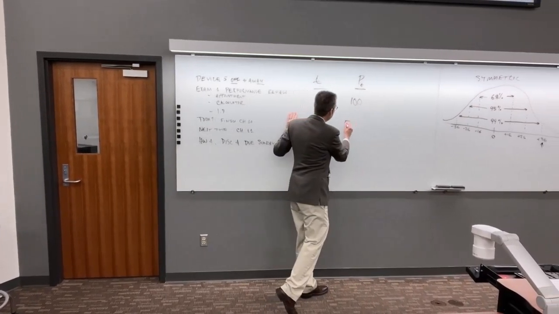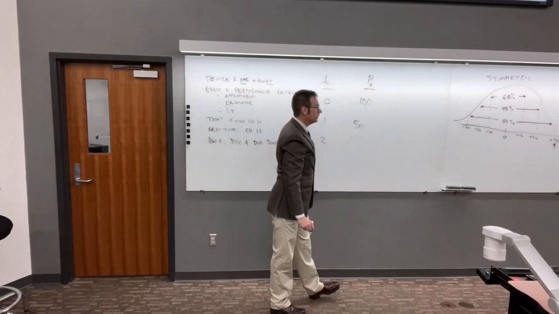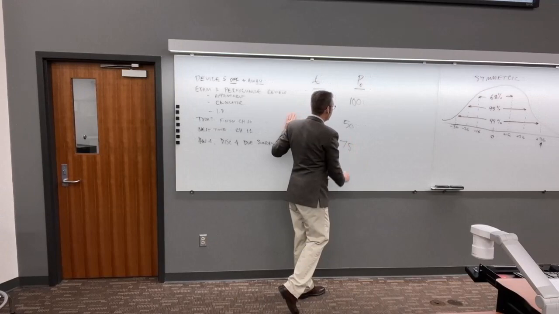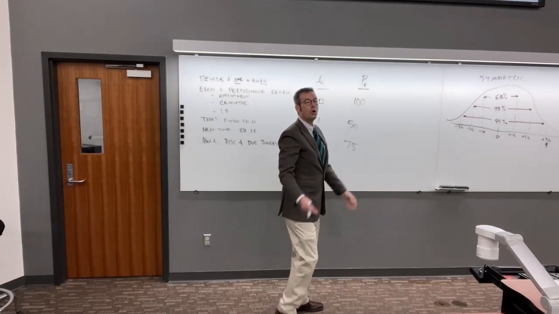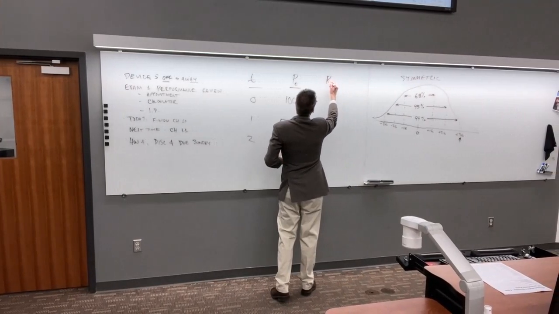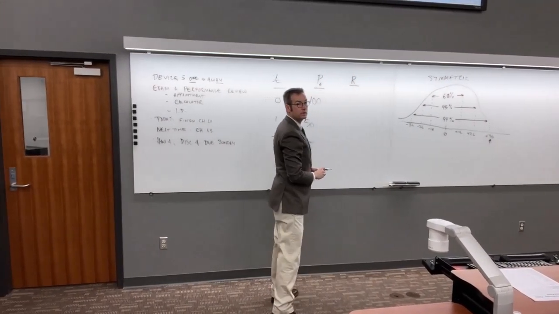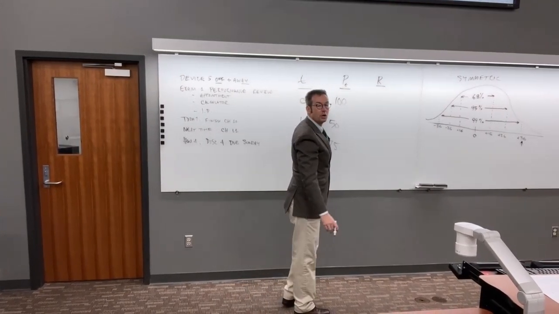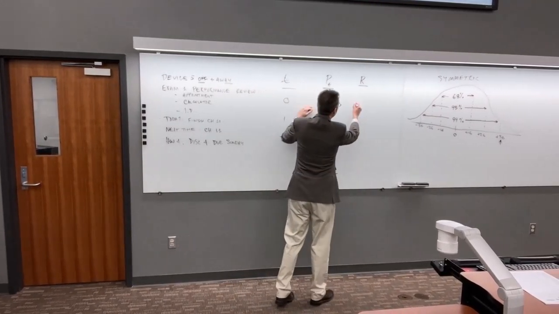It's 50 at time 1. And it's 75 at time 2. So now what I want to do is figure out, well, what is the return for each one of those situations?